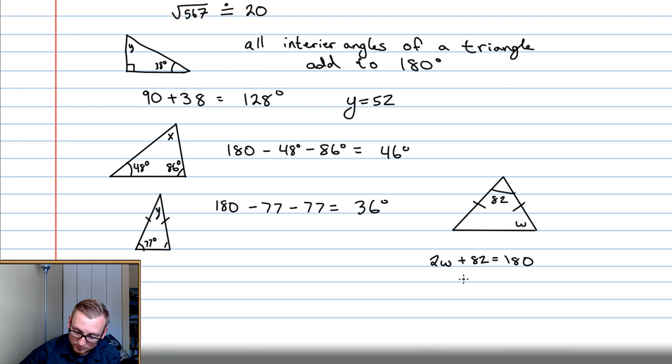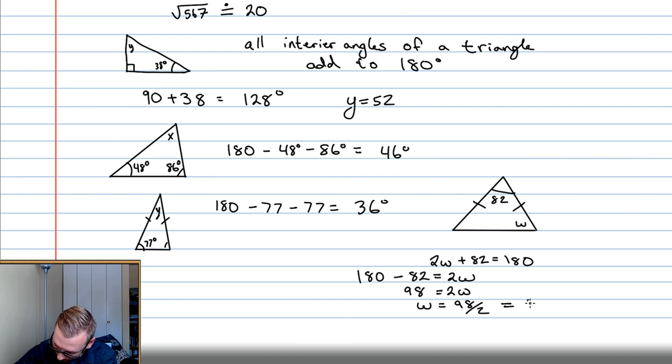Or 180 minus 82 is equal to 2W. So that's what, 98 equals 2W, and W equals 98 over 2, which equals what, 49?